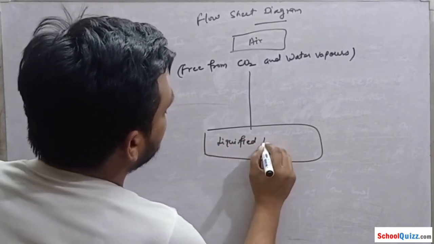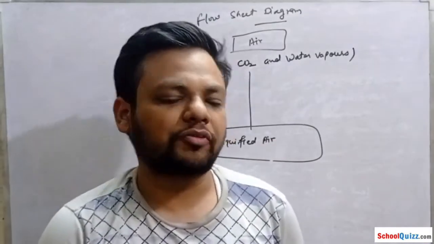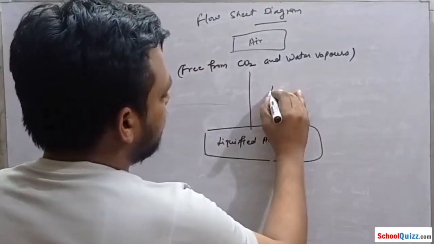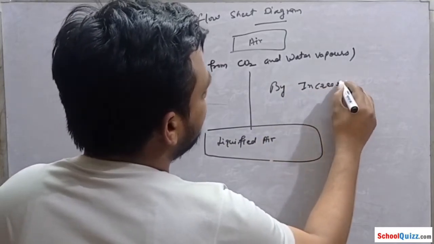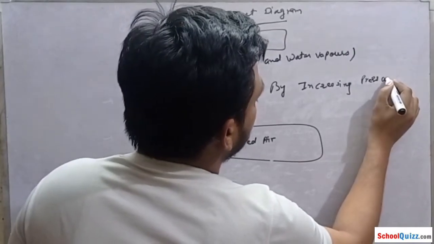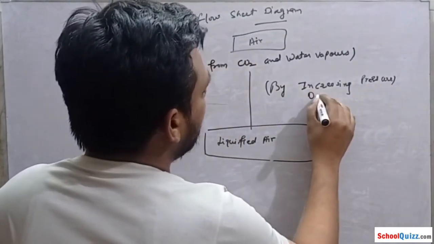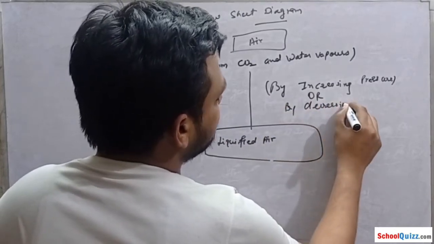Liquefied air. So two methods I told you how we can liquefy air: by increasing pressure or by decreasing temperature.